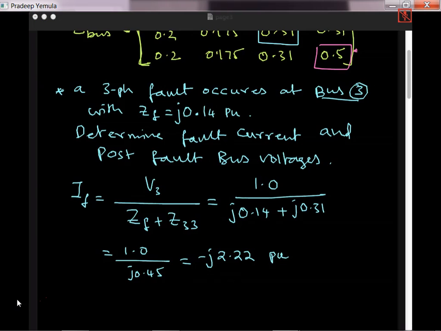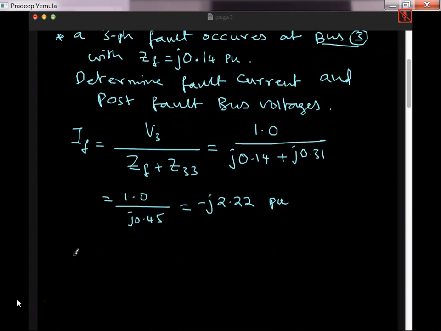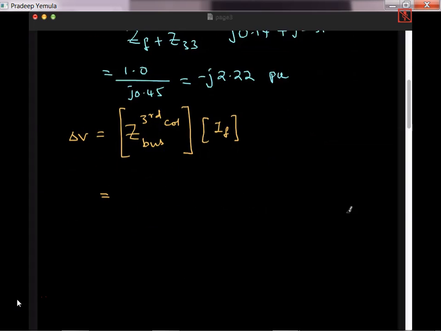So that is the first part of our solution. And once I have the fault current, how to find the post fault voltages? Delta V is nothing but the Z bus third column multiplied with the fault current. What is the third column of Z bus?